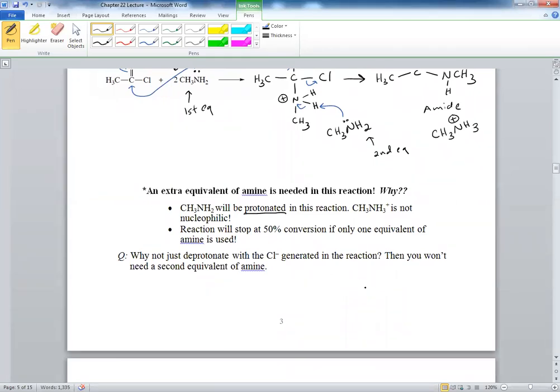Well, that's a problem, and here's why. So suppose we form this intermediate and we get to this step. So you're asking, why can't you just deprotonate with Cl minus? Now the problem is, you probably know this already, that this is already a weak base. So there's a positive on this. Just put the positive on the end.